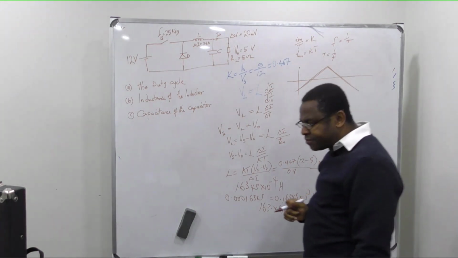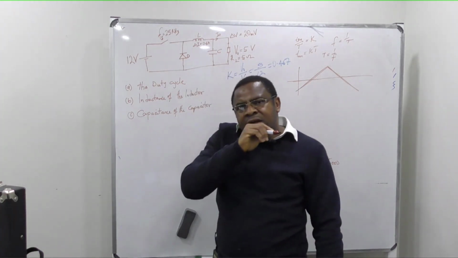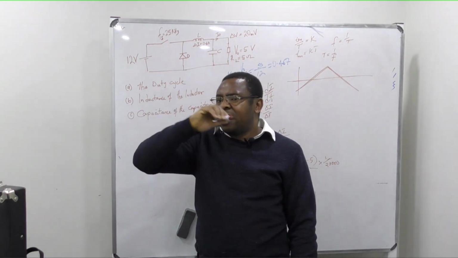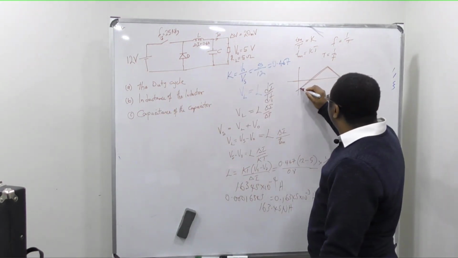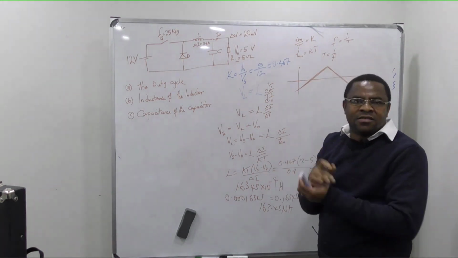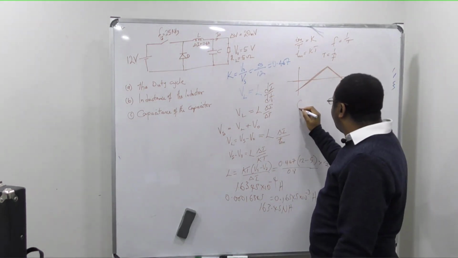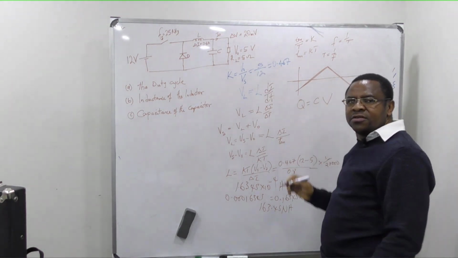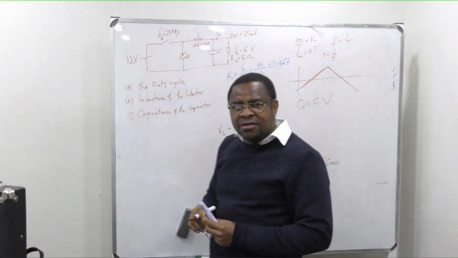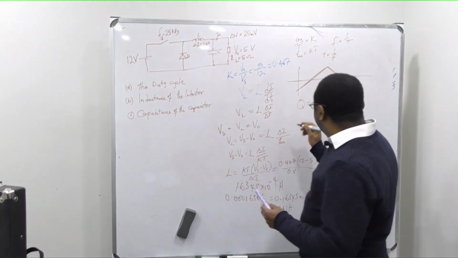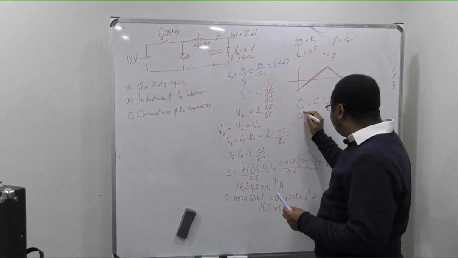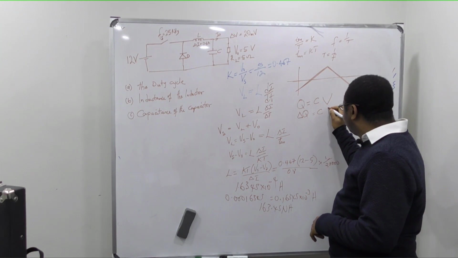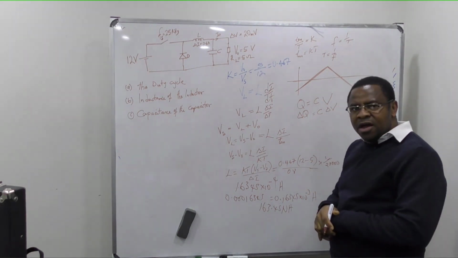Okay? So now, when the capacitor is charging, you are going to get the quantity of electricity. And our quantity of electricity during charging is the same thing as the capacitance times the voltage. Right? So that means the change in quantity of electricity is the same thing as capacitance times change in voltage.